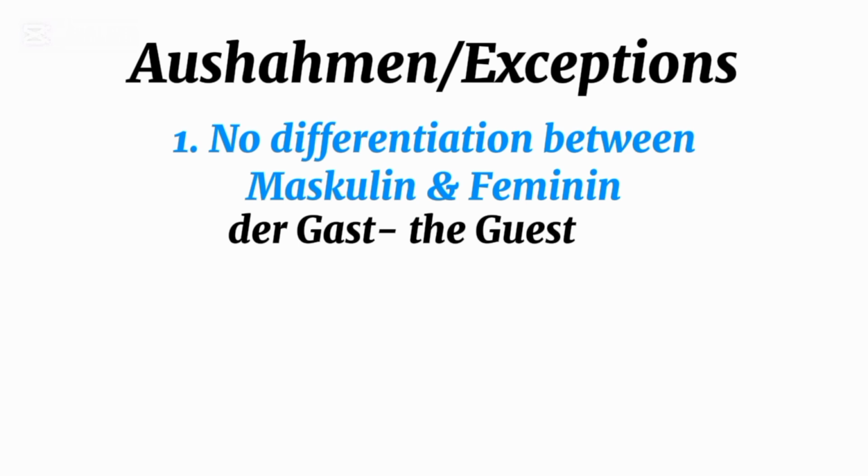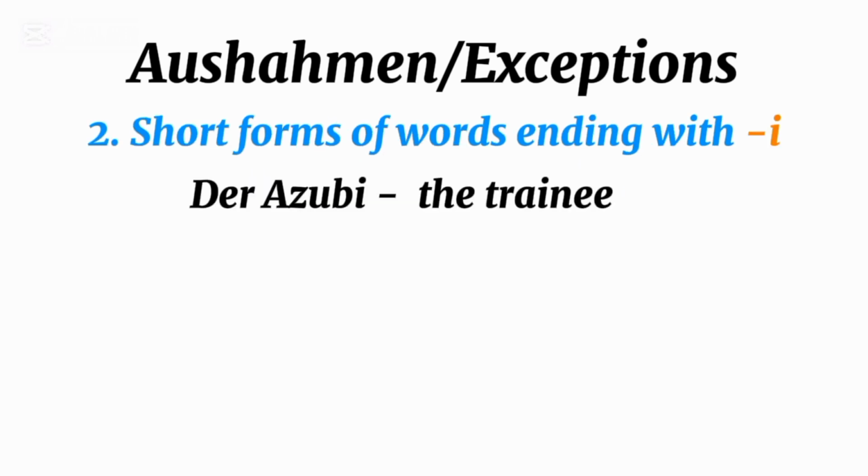Then we also have short forms ending with an E. Short forms of words which end with an E, for example Azubi. Azubi takes a der article, okay? The same way Gast takes a der, Azubi also takes a der. Azubi is a trainee, okay? For example, like you who is watching this video, you are a trainee. You are training to learn German.